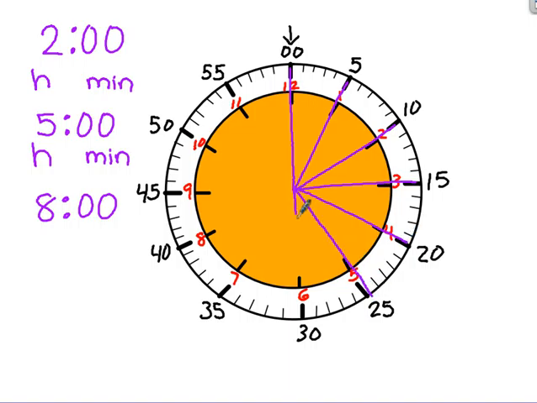And by the time we get to 30, we can see that that hand has moved halfway around the clock. Now thinking about that, if the minute hand is going to move halfway around the clock, how far should the hour hand move between the 2 hours?